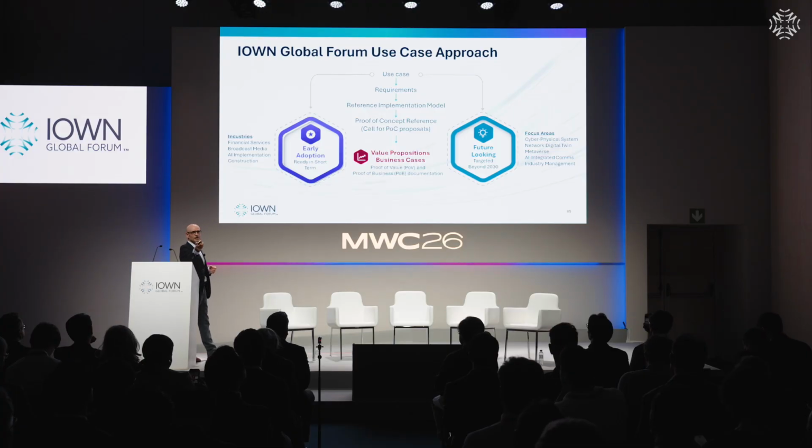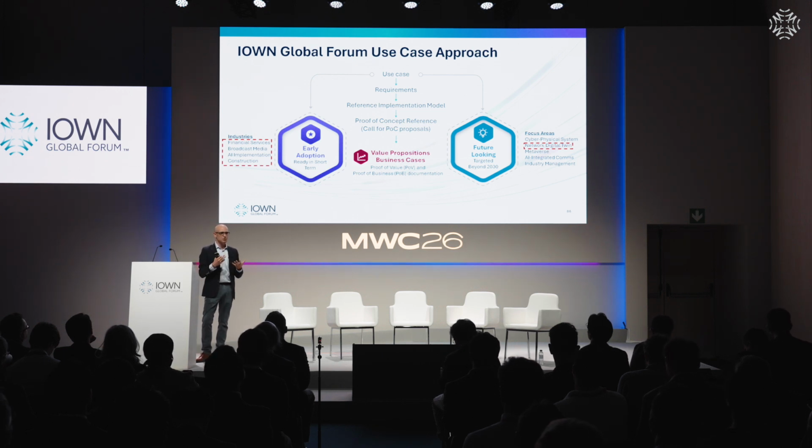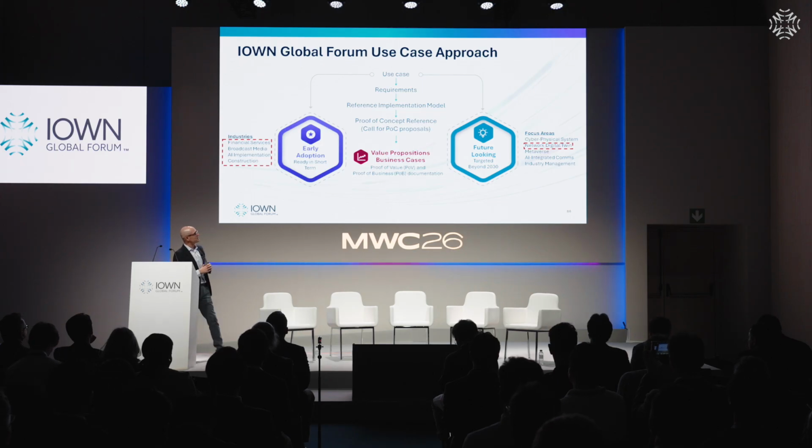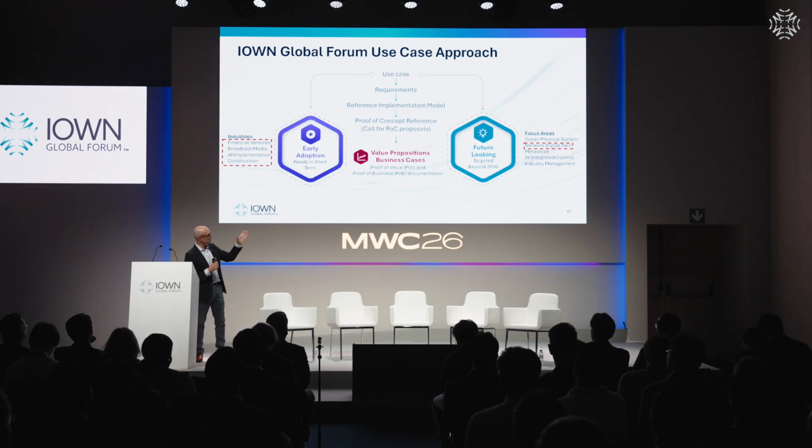I'm going to be covering just the early adoption use cases because those are the ones usually associated with the forum, because we've been promoting them quite a bit and they are much more advanced in our thinking, in the blueprints we have prepared. And then I will be covering just one future use case so that you can see what we are looking at, which would be the network digital twin in particular.